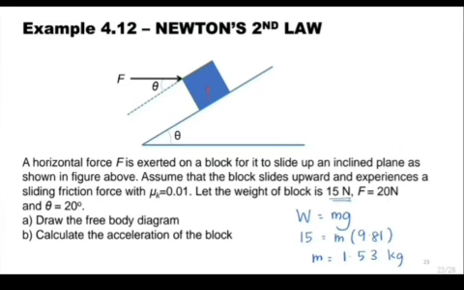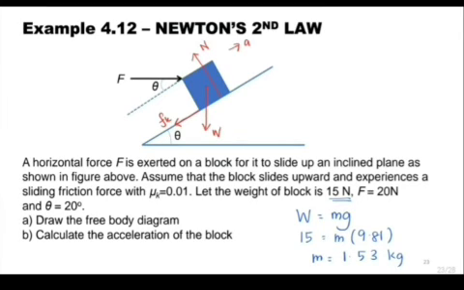We have weight pointing downward, and we have normal force perpendicular to the surface. Since you push the block sliding upward, it will experience an upward force, and it will have kinetic frictional force opposing the direction of acceleration.